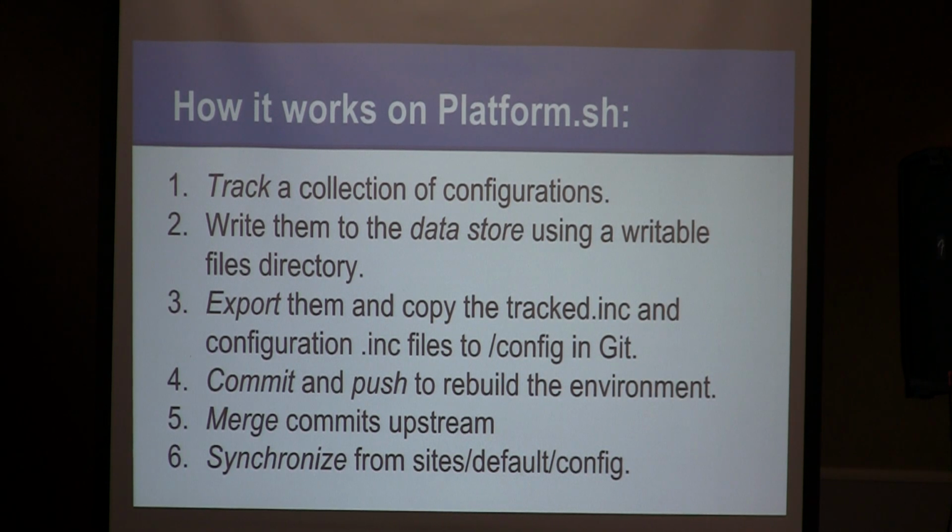I've then exported them from my file system down to my local machine, where I have copied them into the Git repo and committed the changes. I've then pushed them up to rebuild the environment, and merged them upstream, where I'm going to then synchronize and read the configuration updates from my site's default config directory. And that's the end-to-end process and what we do every time we want to make a change.